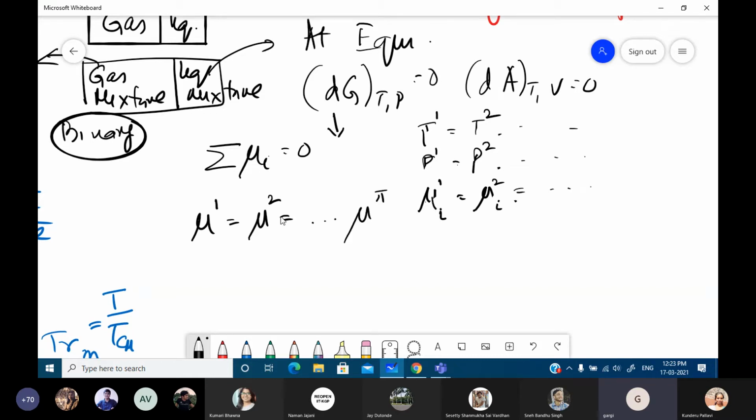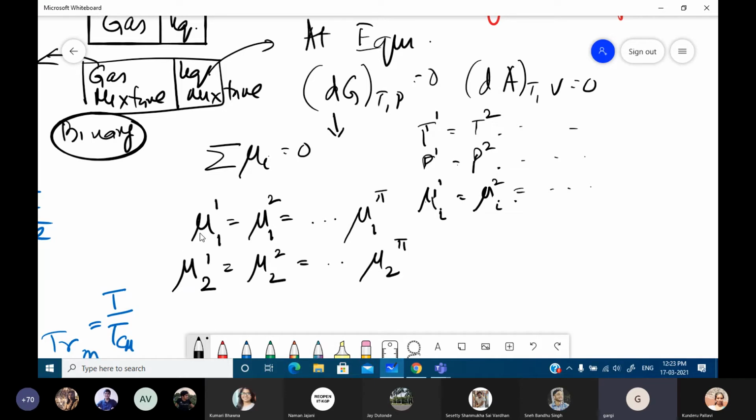Normally we deal with 2-phase or at most 3 phases in equilibrium in thermodynamics. If there are 2 components, then for component 1 we write this, and again the same thing we write down for component 2. Right?